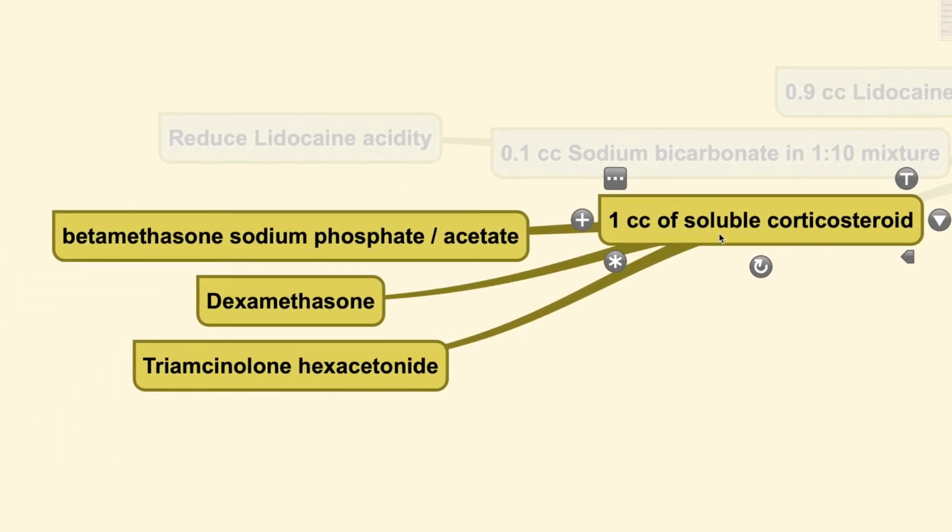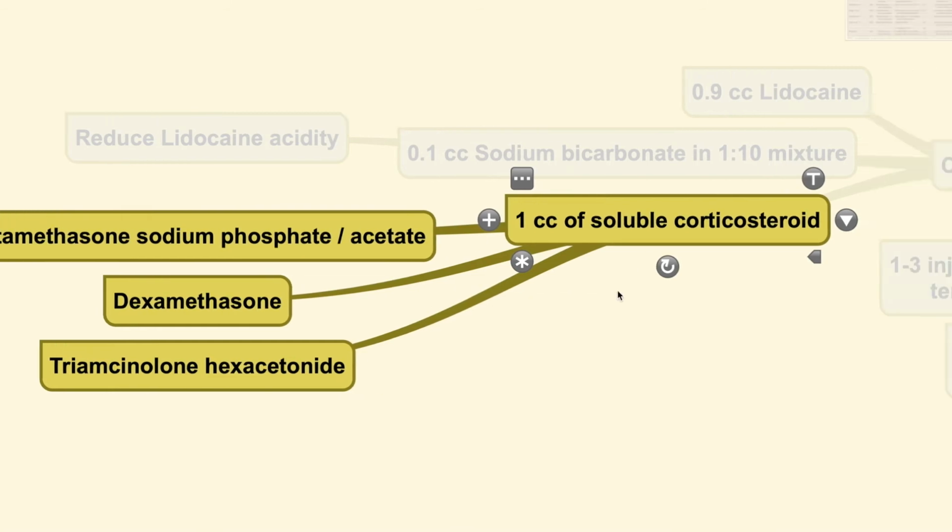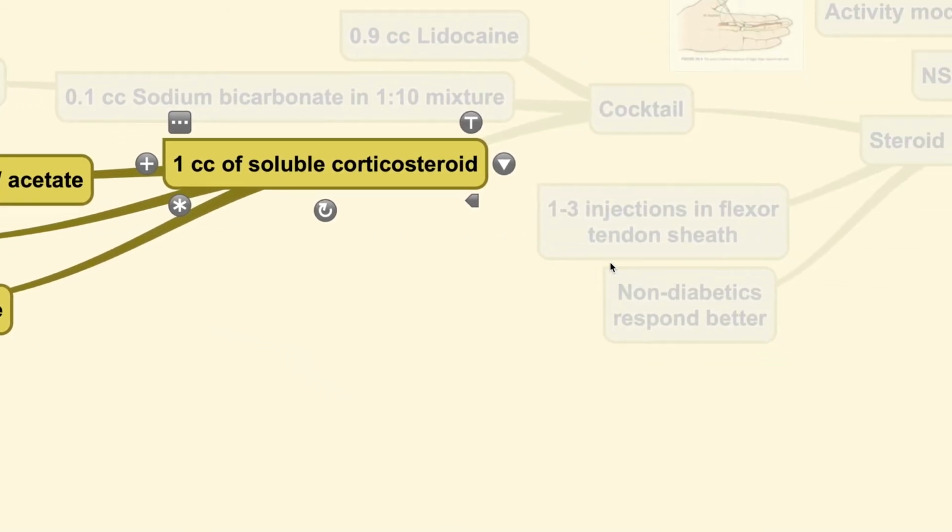We must also pay attention to the types of corticosteroid that are used, because some corticosteroids may precipitate when mixed incorrectly. So it is advised that betamethasone, dexamethasone, or triamcinolone is used instead of other types of corticosteroids.